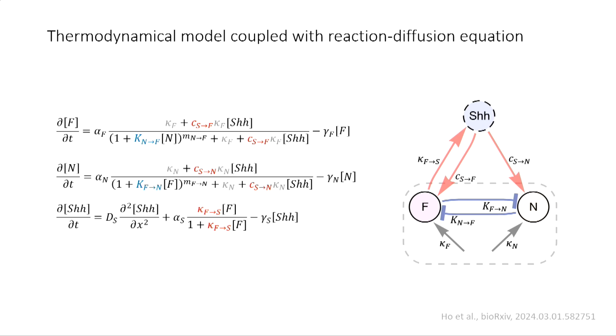So in these terms, you need Sonic hedgehog for development, especially early on. Later on, and that's also my previous work, we showed that if you switch off Sonic hedgehog 10 or 20 hours after, not after establishing a pattern, but even before the stripes are formed, you just remove signaling.